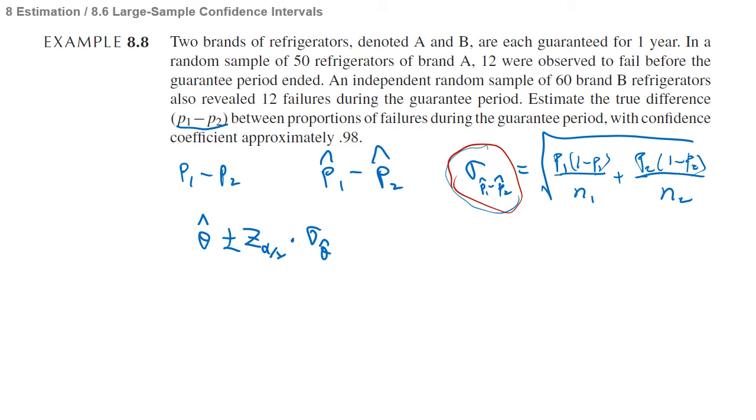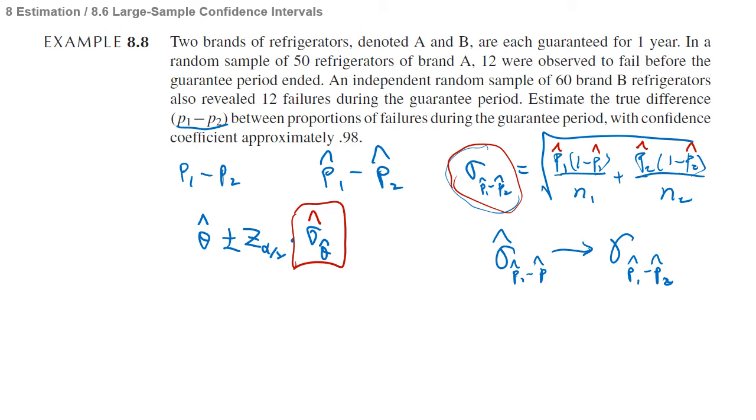But in the large sample case, sigma hat of P1 minus P2 converges in probability to sigma of P1 minus P2. So we can approximate this using hats, by putting in estimates for P1 and P2. And what are P1 hat and P2 hat?